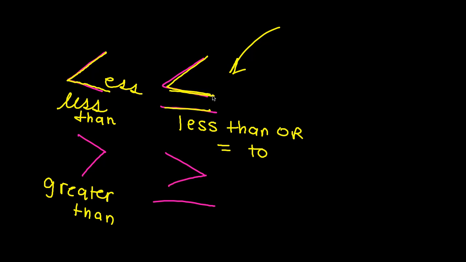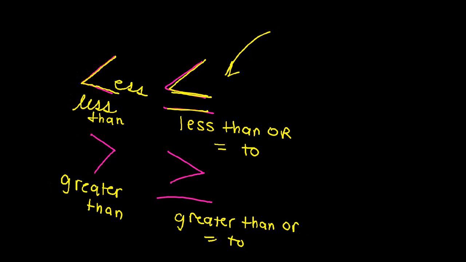And of course, the one right below it is our greater than or equal to sign. All right, so we're going to be working right now with some inequalities, which are going to look a lot like equations, but they're going to have these symbols in them instead of the equal sign.